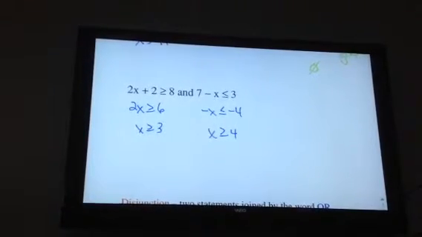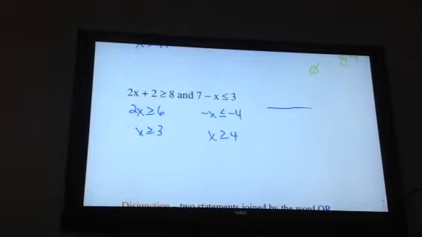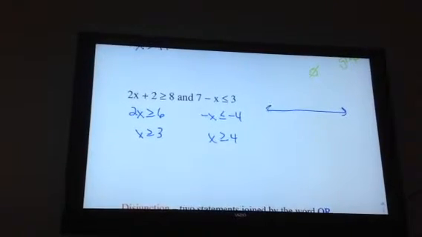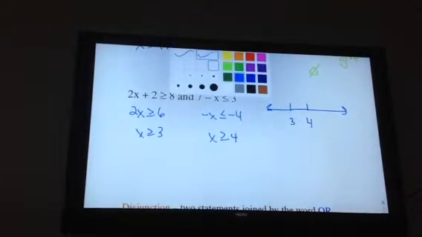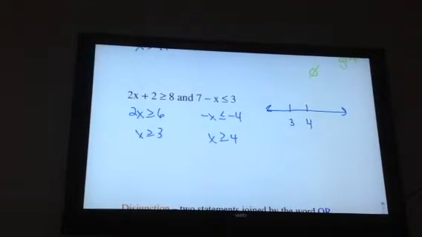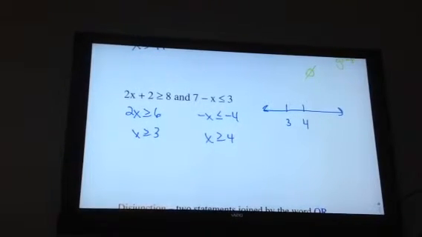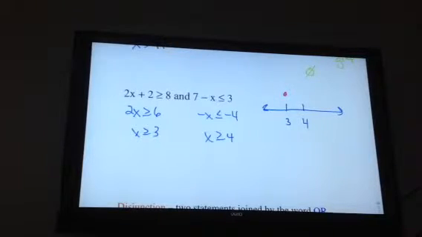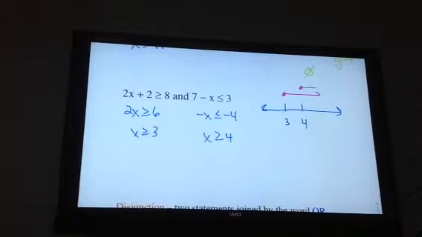Switch the direction of the inequality symbol. And we draw our number line. So my helper graphs would look like this. Greater than or equal to 3. Greater than or equal to 4.